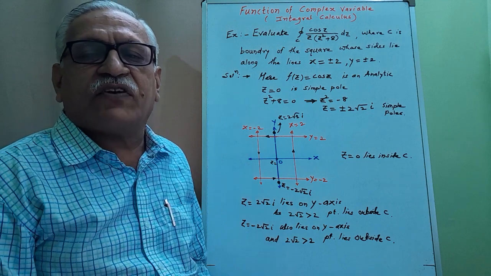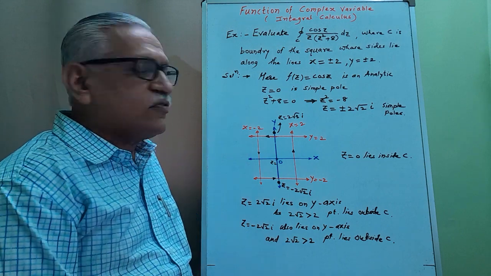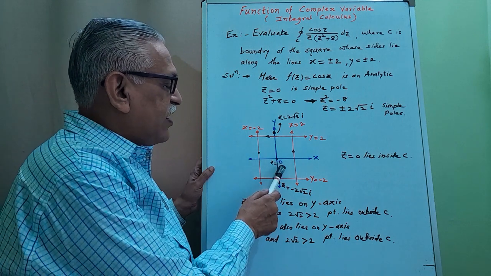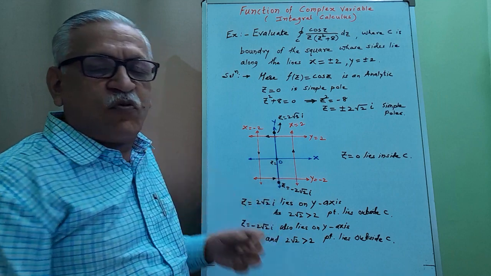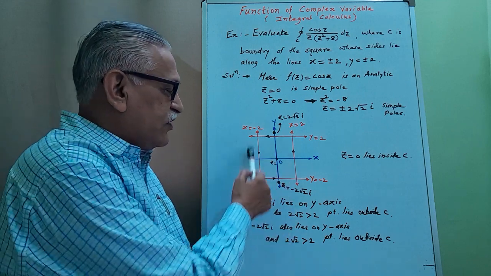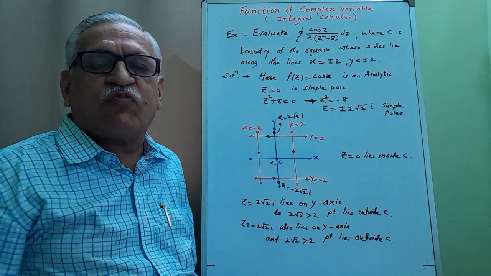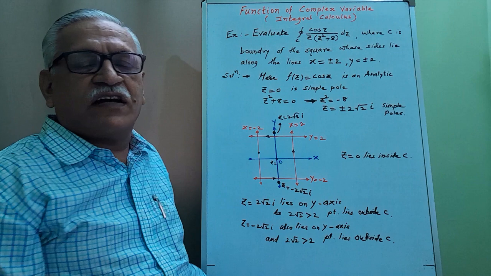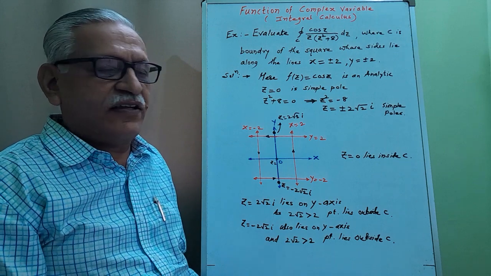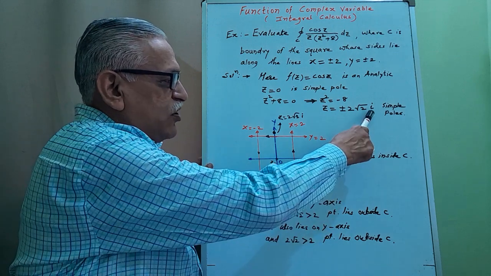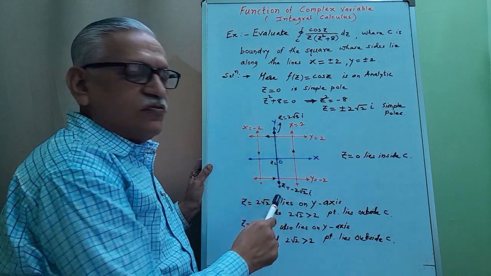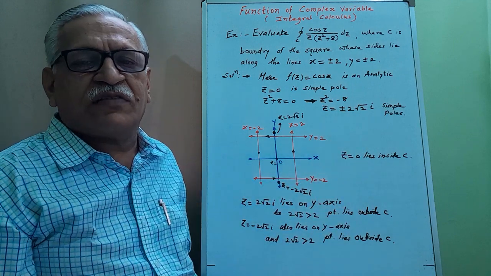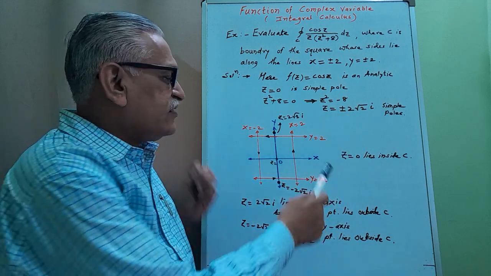Then we check whether the point z equals 0 lies inside. z equals 0 means x plus iy, that is 0 plus 0i, so x is 0 and y is 0. This origin is the point z equals 0, and from the figure it is very clear that this point lies inside the curve C. Then the second point is z equals 2 root 2 i. As it is an imaginary point, it lies on the y-axis. Its distance from the origin is 2 root 2, which is greater than 2.